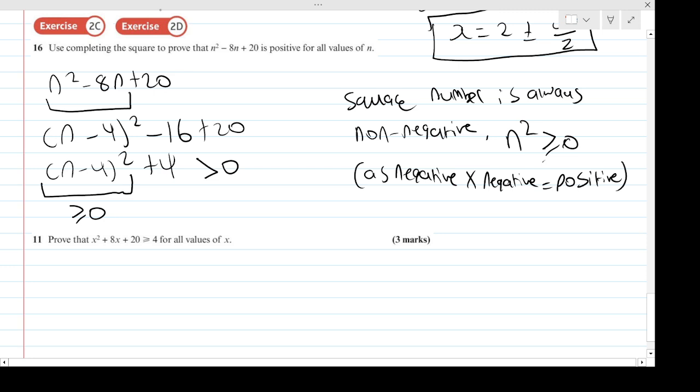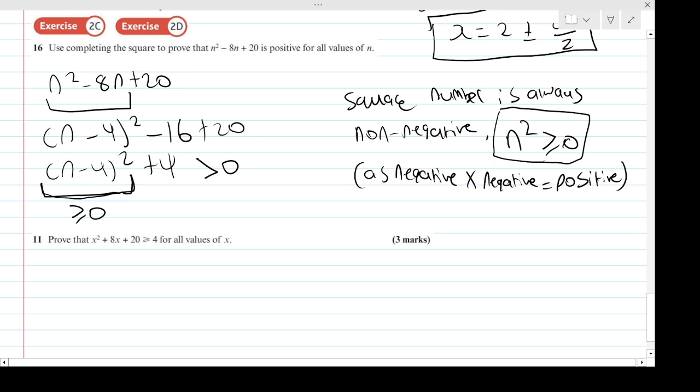So this can never be negative because we have a square number. Again, I'm going to emphasize and echo, a square number, n squared, in this case, n is n minus 4, right, think inside the bracket. But this number has been squared, so it's a square number, so it's always positive or non-negative. It's not negative, right? So this has to be at least 0, this expression here that I highlighted.